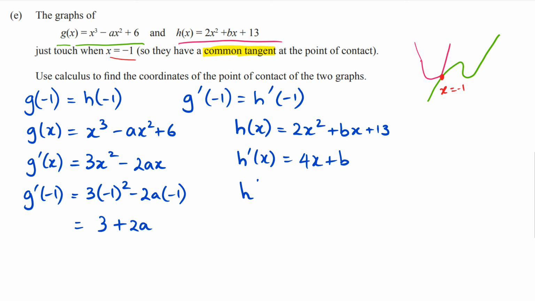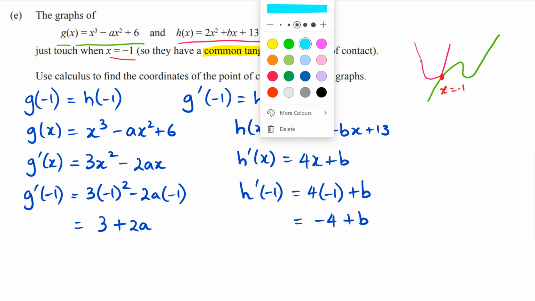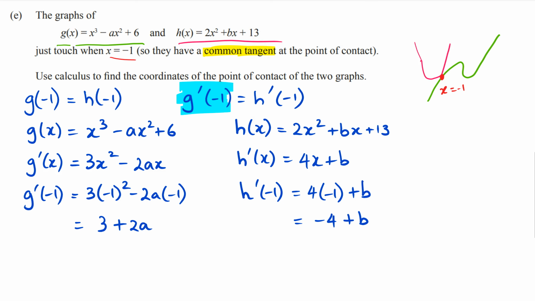We repeat that for h: h dash of -1 is 4 times -1 plus b, which gives -4 plus b. And now, because g dash of -1 is equal to h dash of -1, we can say 3 plus 2a is equal to -4 plus b.